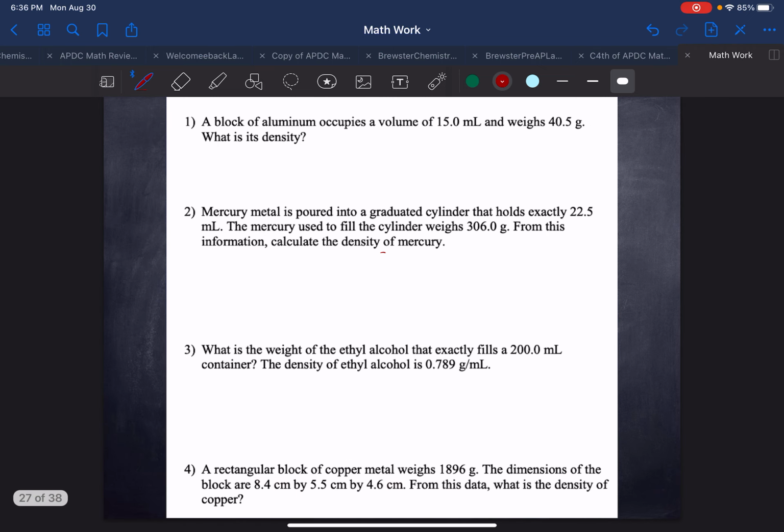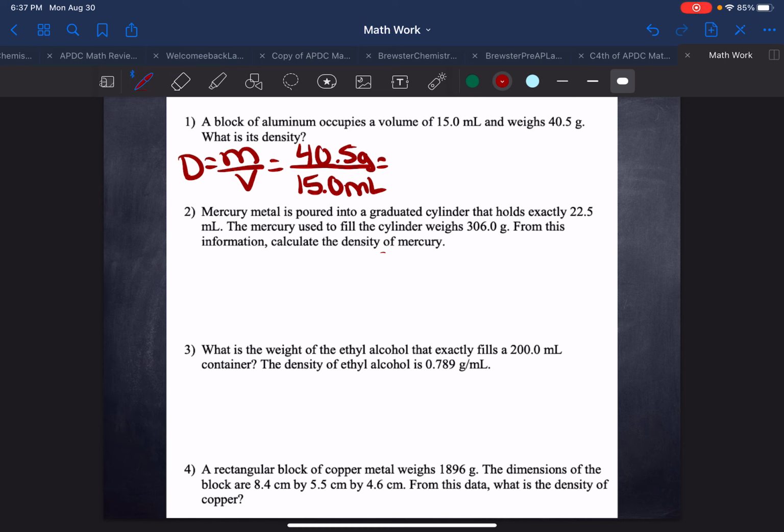All right, so then we did some problems. So I have a block of density. And it occupies a volume of 15.0 milliliters, is that right? And it weighs 40.5 grams.